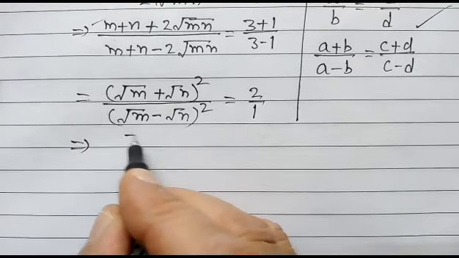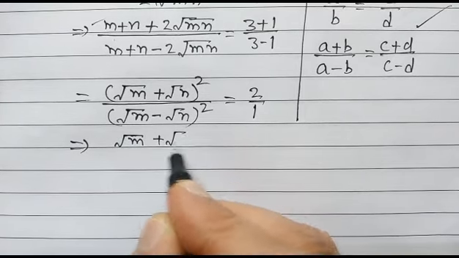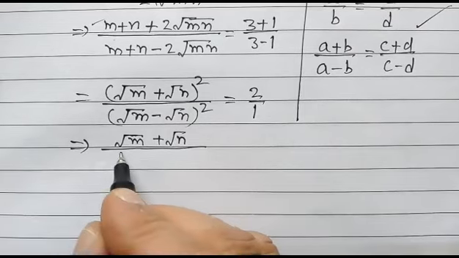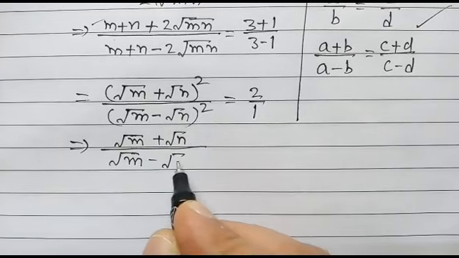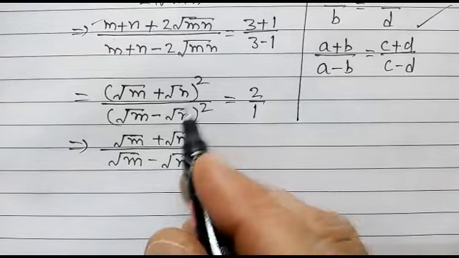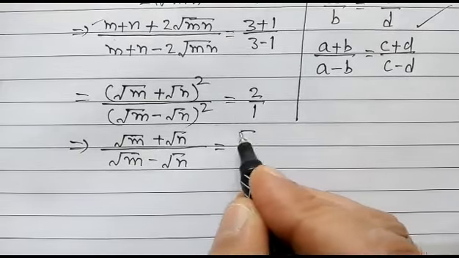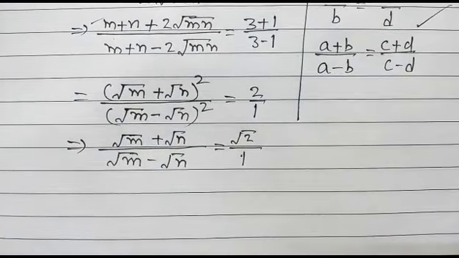Now (square root of m plus square root of n) over (square root of m minus square root of n). We are taking the square root of both sides. So here we get square root of 2 over 1.